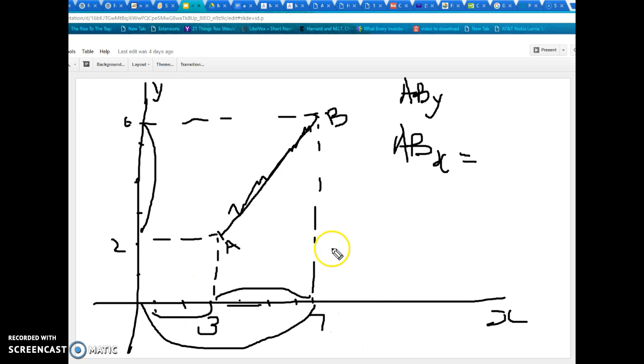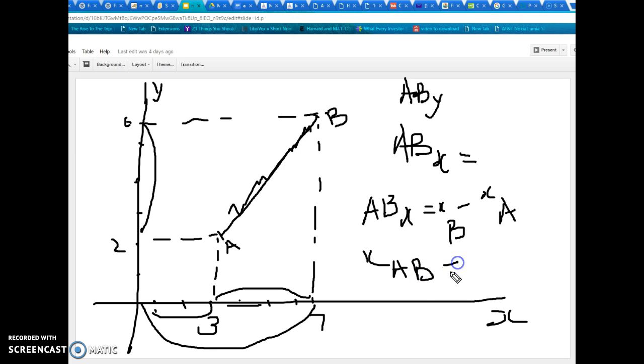So which means for AB, the x for B is gonna be xB minus xA. That's gonna give me the x for AB, okay. So I'm gonna have 7 minus 3, that's gonna be 4. That's gonna be the x for AB.